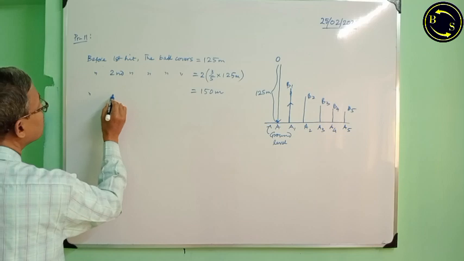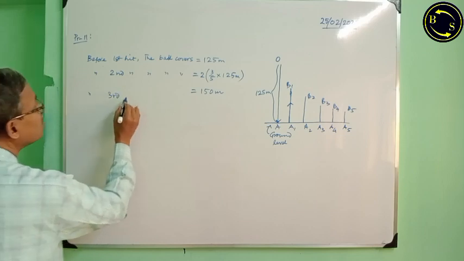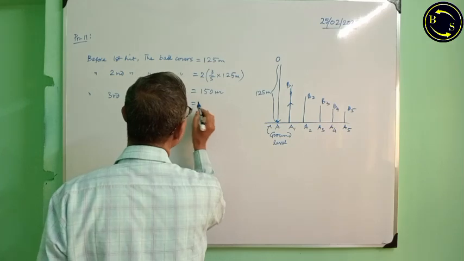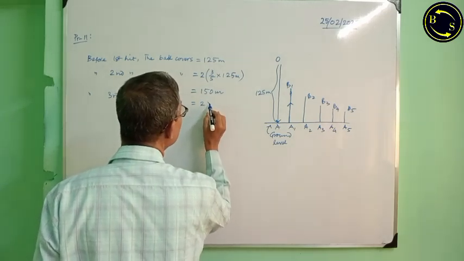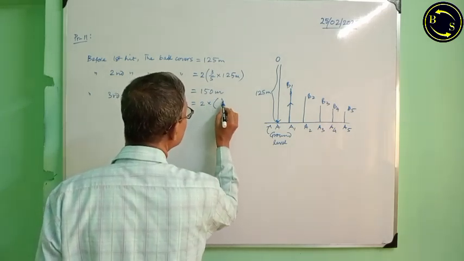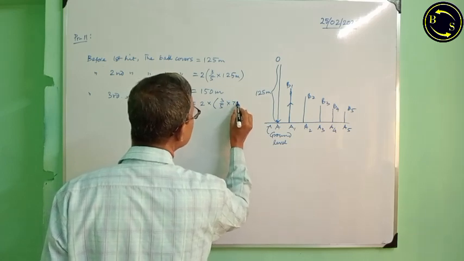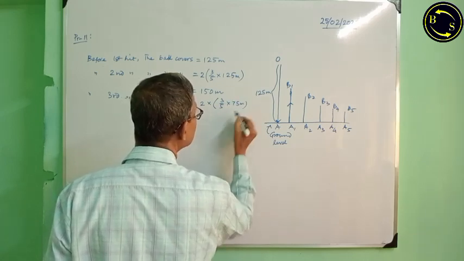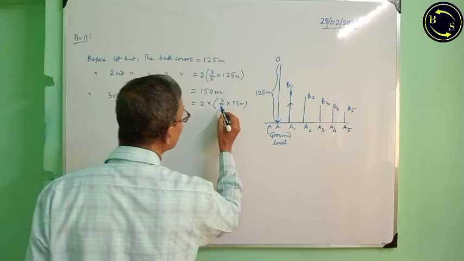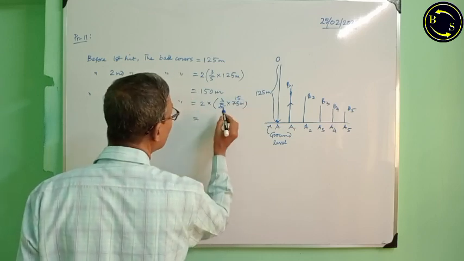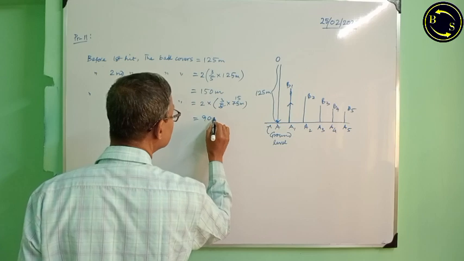Before the third hit, the ball covers similarly 2 into 3/5 of 75 meters, that is 90 meters.